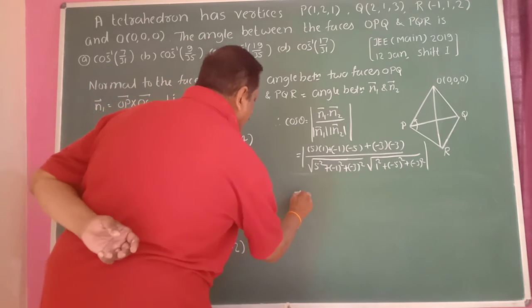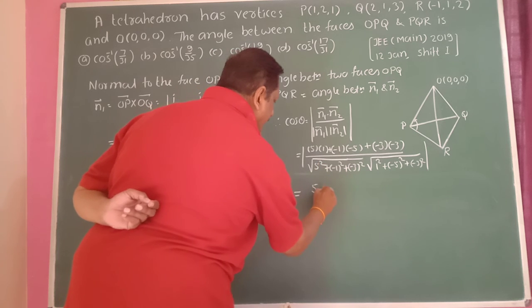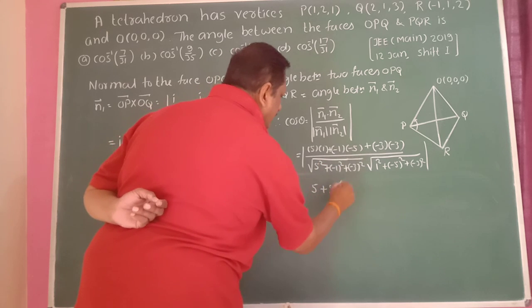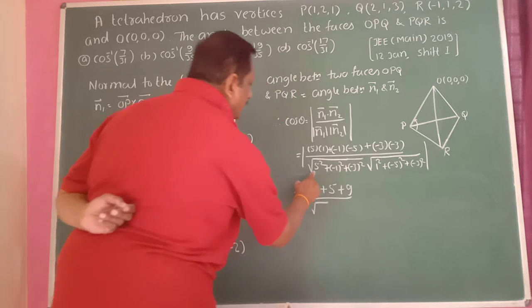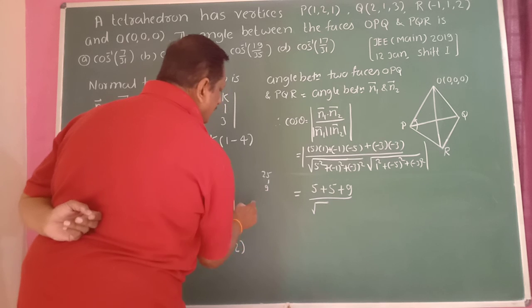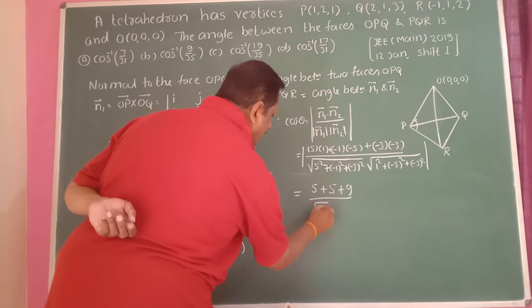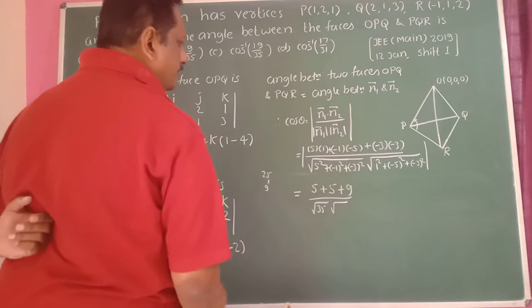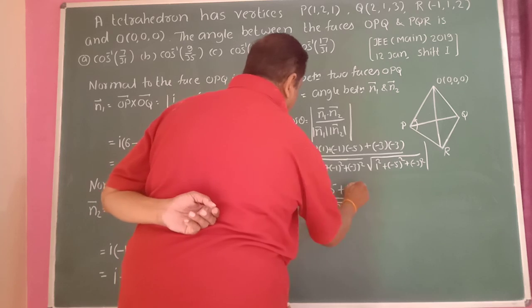So this is equal to 5 plus 5 plus 9 in the numerator, divided by the root of 25 plus 1 plus 9, which is 35, into the root of 35 again. Take care of the modulus sign.